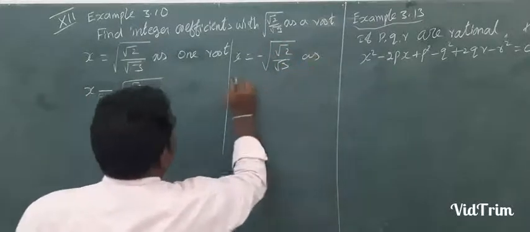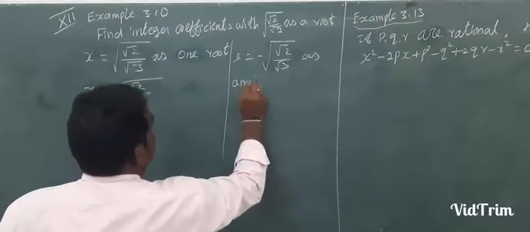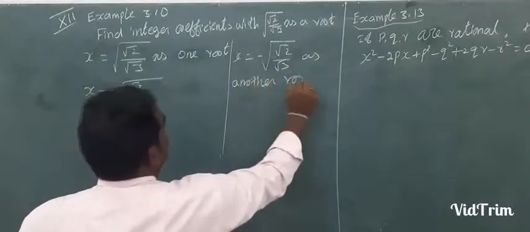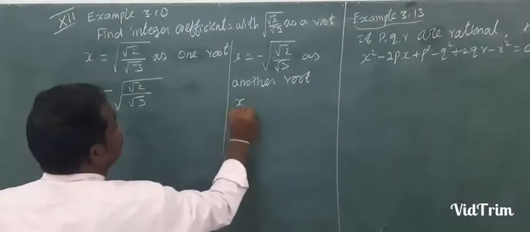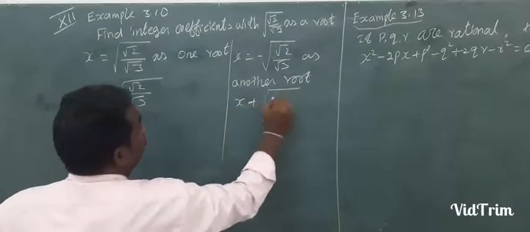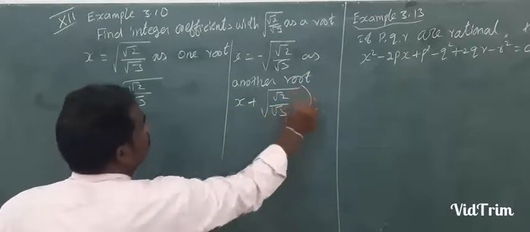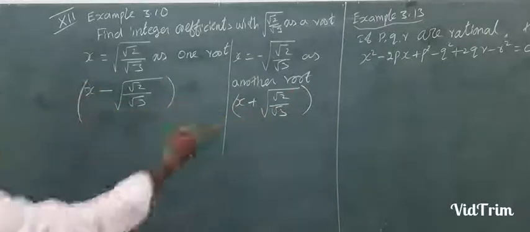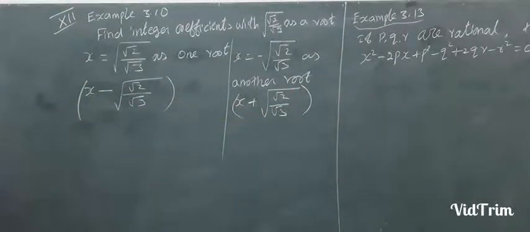So the other factor will become x plus square root of root 2 by root 3. Now we have two roots. These are the common steps for the polynomial equation.